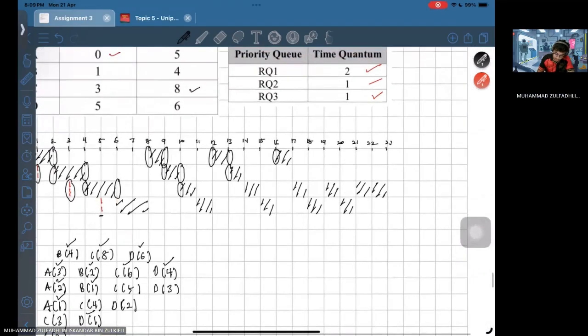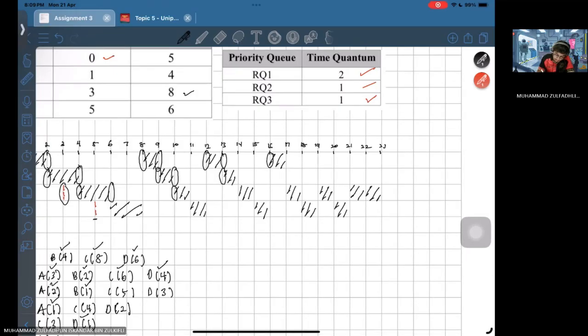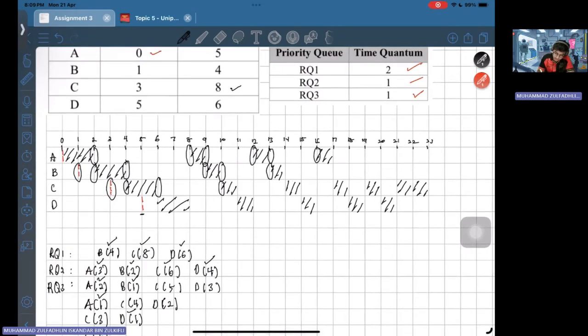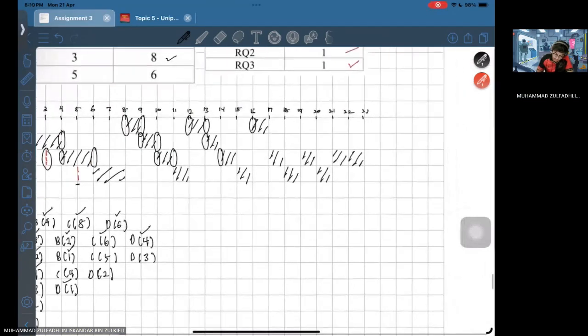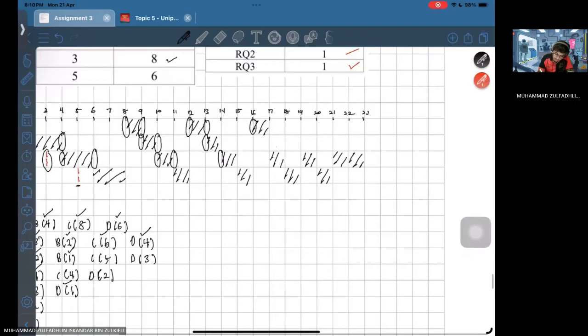Plus C starts next execution at T equal to 14, and it arrived at T equal to 11. So 14 minus 11, and then the next execution starts at 17, and it arrived at T equal to 15.